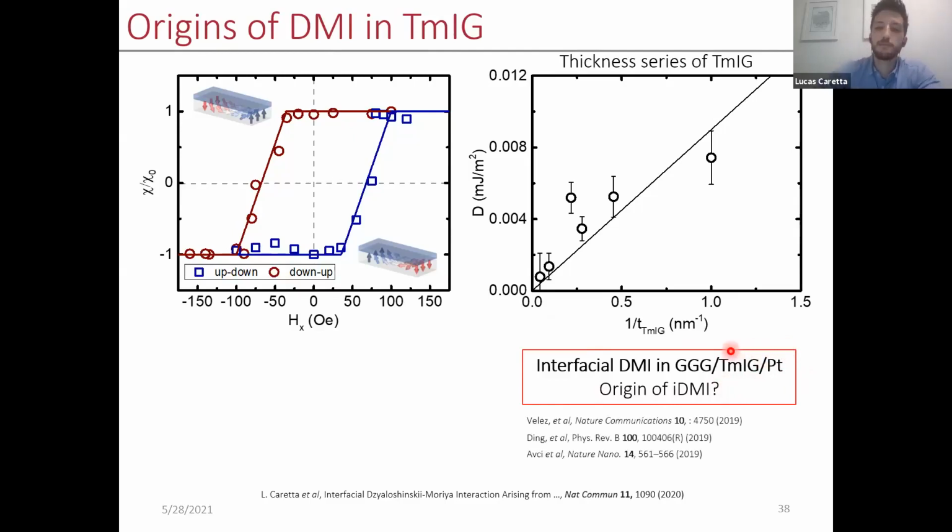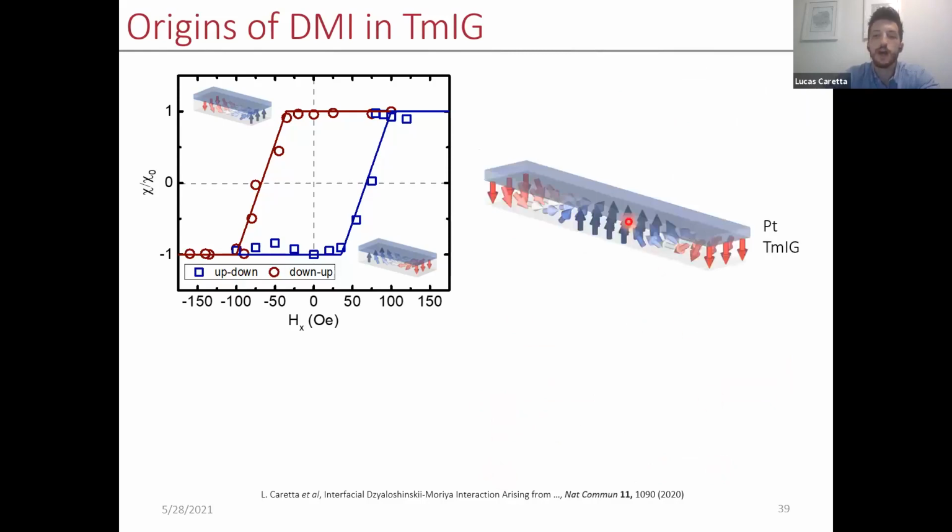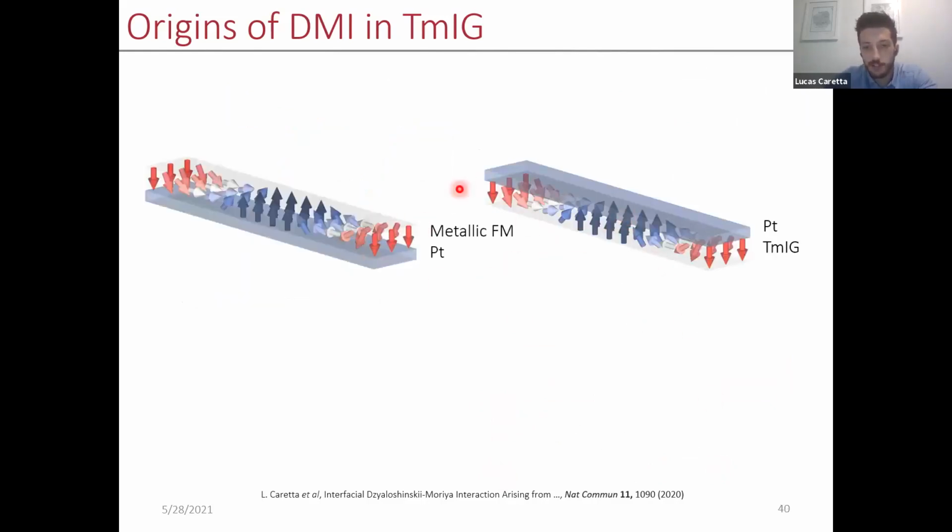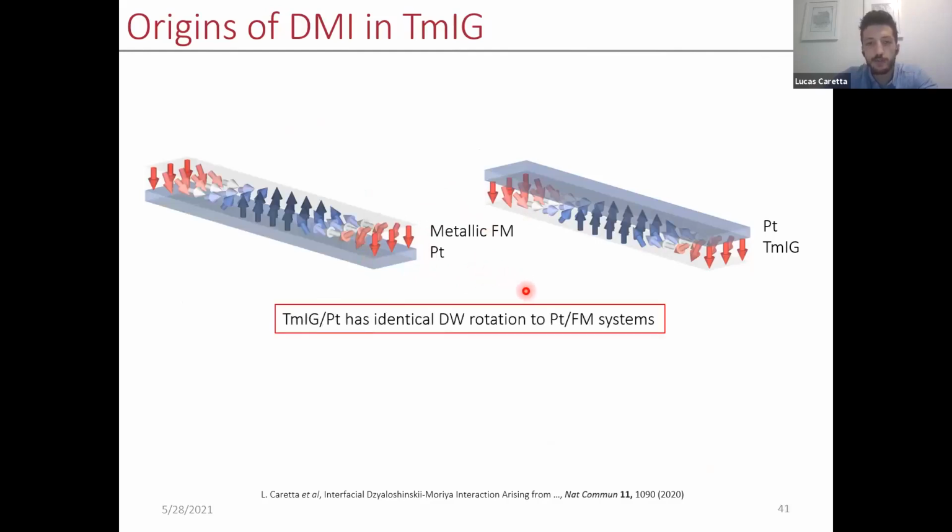But in fact, and I'll mention that we're not the only people to do this. There are several other groups that have shown this, and I want to give credit to them as well, that show a similar dependence on thickness and also see these chiral types of domain walls in these films. But what's interesting about this material system is that if you compare it to a traditional metallic system, the domain wall rotation is identical to that you would see in a metallic system, except in our systems, the platinum's actually on the top.